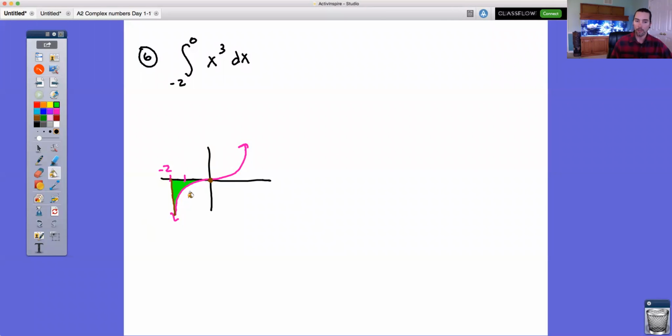Again, it's not a geometric shape that I have a formula for, so I have to find the antiderivative. Add 1 to the exponent. Divide by that exponent. Evaluate it from -2 to 0. Plug in the upper limit first. Minus, you're finding the difference between where you stopped and where you started. Plugging in the lower limit.